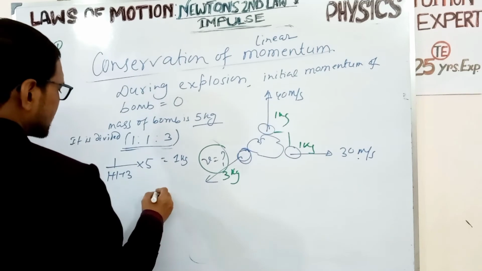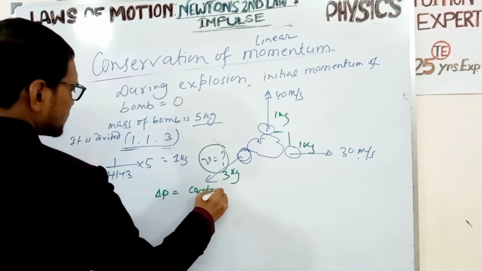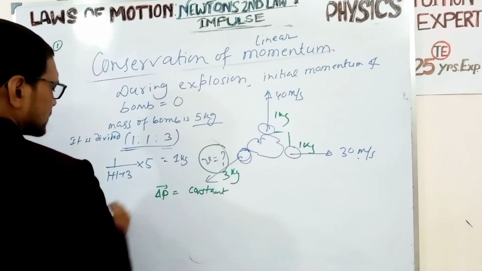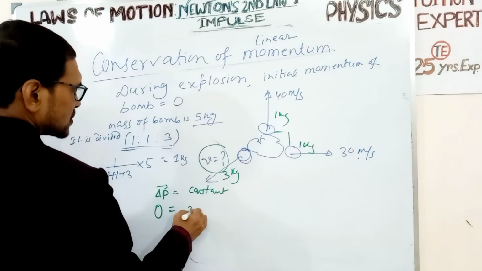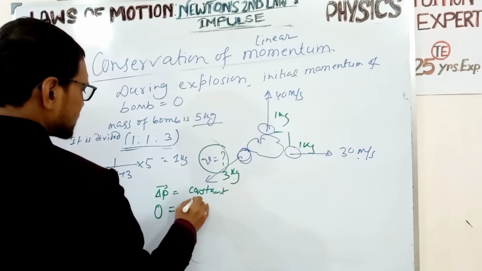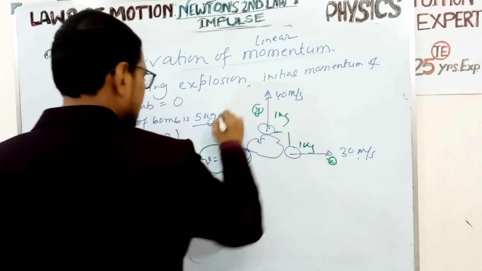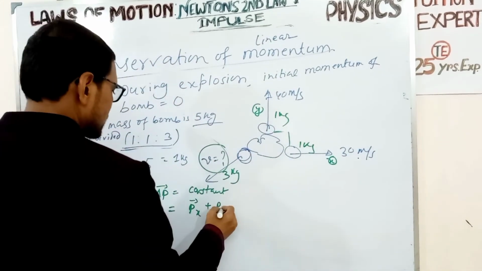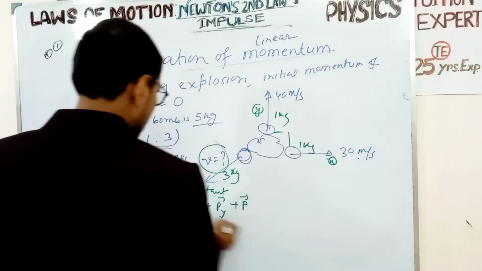Momentum is a vector quantity, so the change in momentum is zero: the initial momentum is 0 and the final momentum is mass into velocity, that is p1, p2, p3. If we take this along the x axis and this along the y axis, then px plus py plus p3 equals 0.